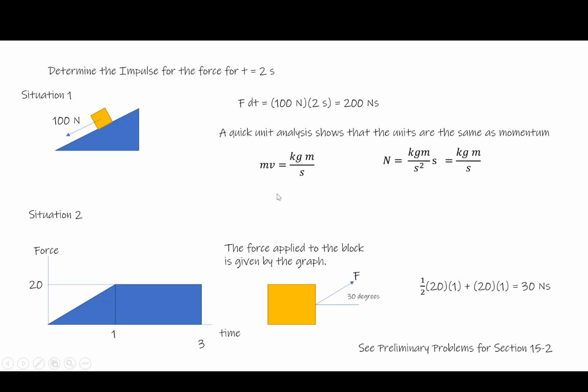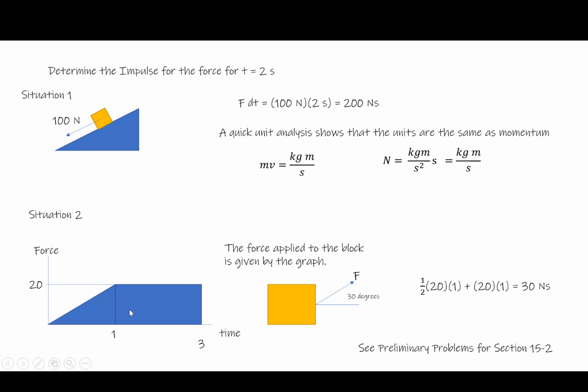So let's look at situation 2, and this time we're going to use a graph. I've got force on this side, time here. We want to find the impulse up to time equal to 2 seconds. Here's my first part, and then here's the second part. From 1 to 3 seconds, we get a constant force applied, and the force being applied to this block is interpreted by this graph.